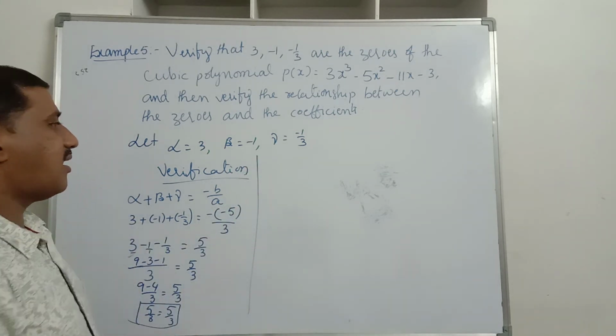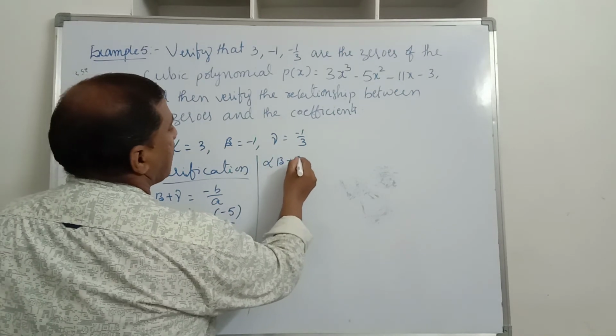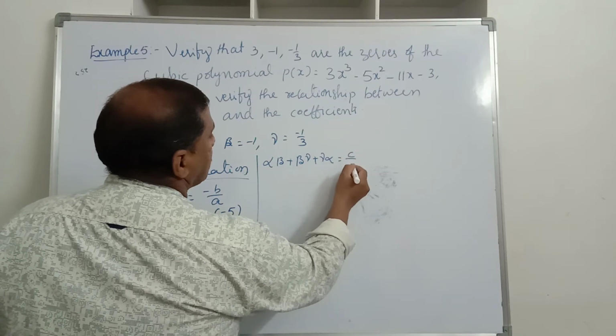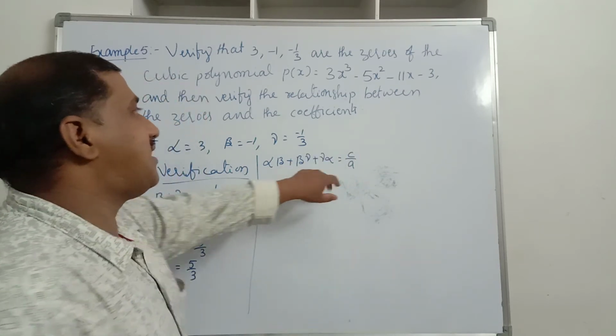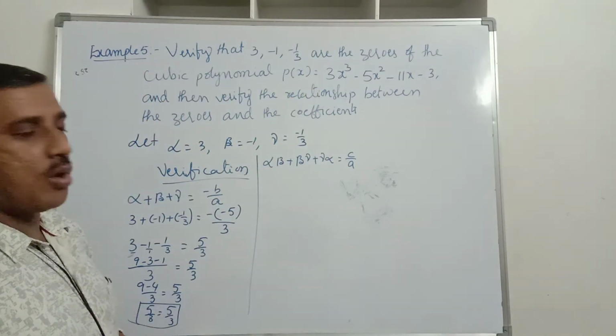Next, alpha into beta plus beta into gamma plus gamma into alpha is equal to c by a. That is, c means the coefficient of x, divided by a, the x cube coefficient.